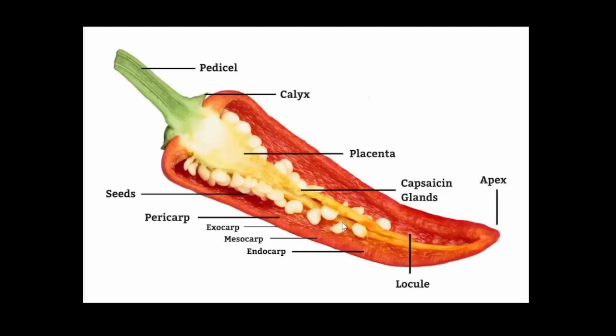The seeds are hidden, so they are not naked seeds. It is a perfect flower containing stamen, and it is capable of self-pollination. It contains the stamen, the pistil and the carpel.